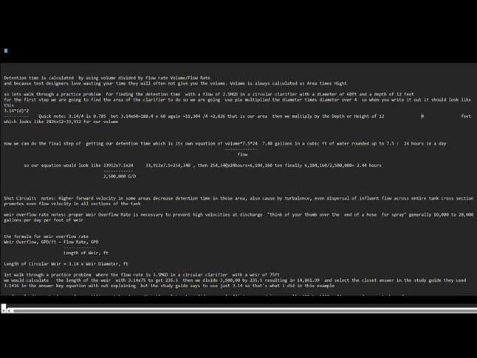And then we multiply that again by the hours in the day to get 6,104,160. And then finally, for our last step, we divide 6,104,160 by our 2.5 million gallons per day, and that'll give us 2.44 hours, roughly.